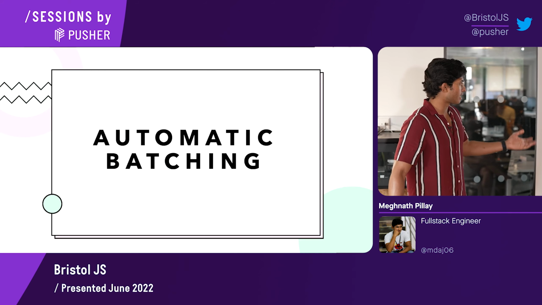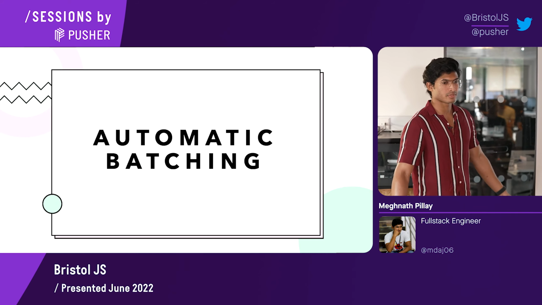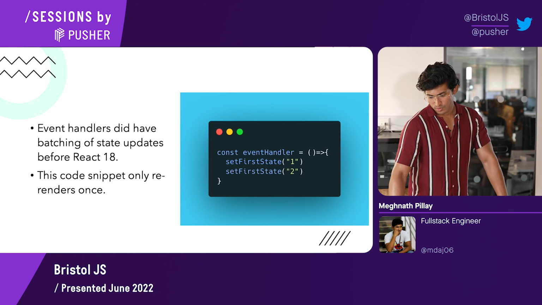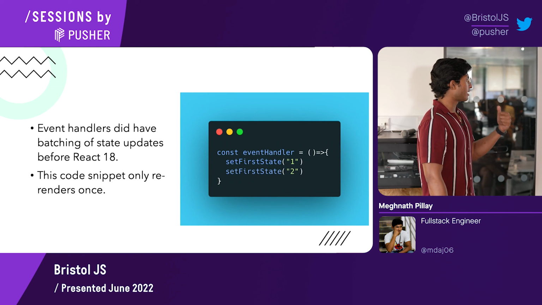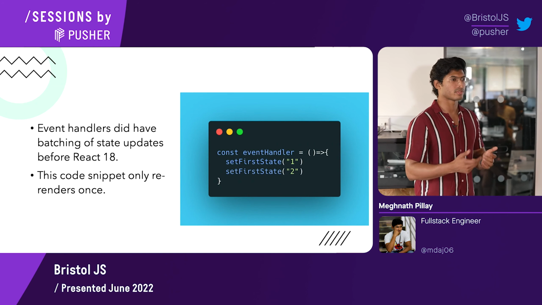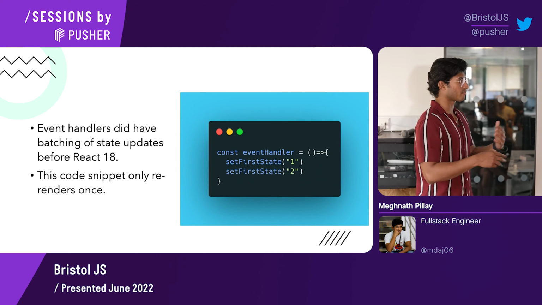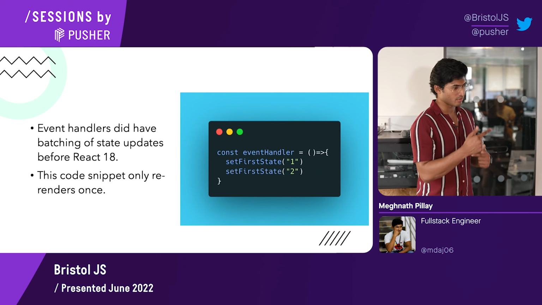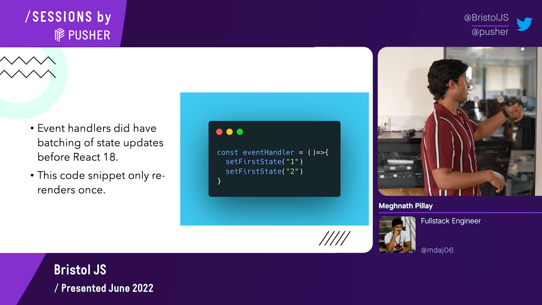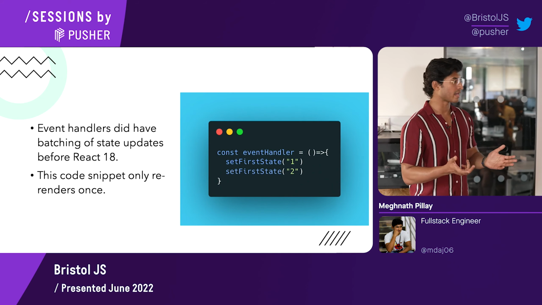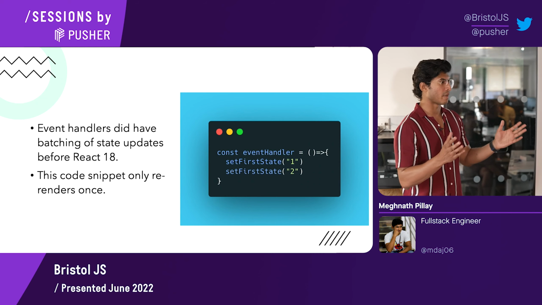So this is another great feature which comes up in React 18, which is automatic batching. So in general, everyone knows that whenever you set state, it invokes a re-render. What happens in React before is that all the event handlers have their state batched together anyway.